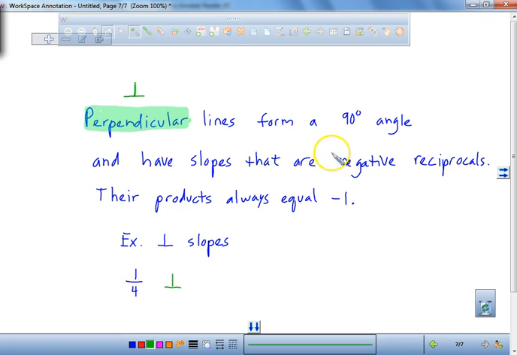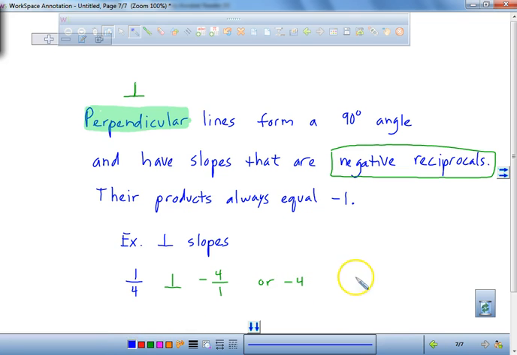I said perpendicular slopes are negative reciprocals. A negative reciprocal means you make the reciprocal of the number, and then you apply a negative. So the perpendicular slope of 1 over 4 is negative 4 over 1, also known as just negative 4.